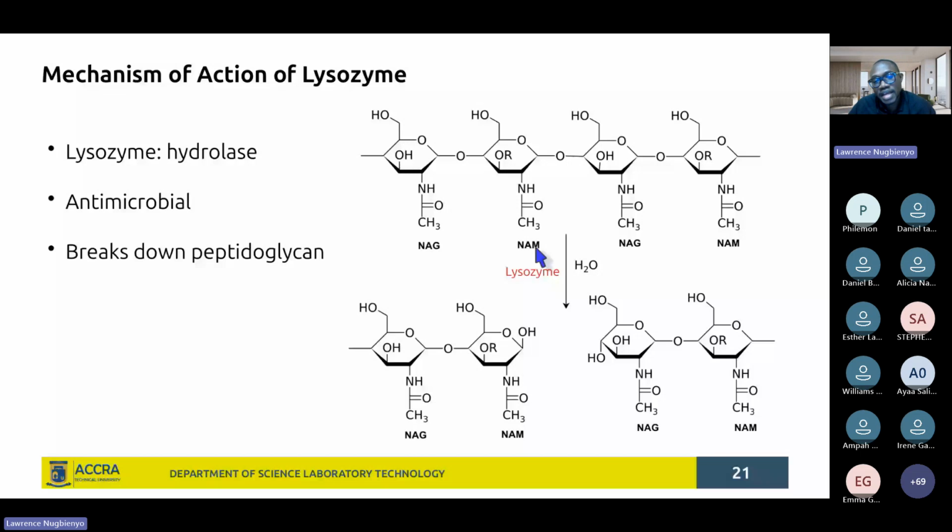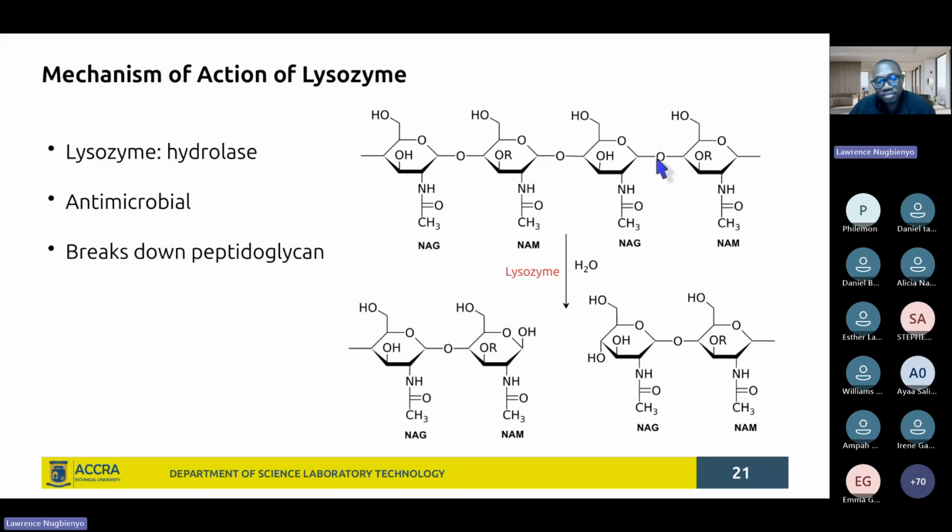So what you see in that polysaccharide structure is that you have these monosaccharide derivatives which are bonded. So you see N-acetylglucosamine is bonded to N-acetylmuramic acid, and they alternate like that in that structure. And you see the bond between them is what? A glycosidic bond.